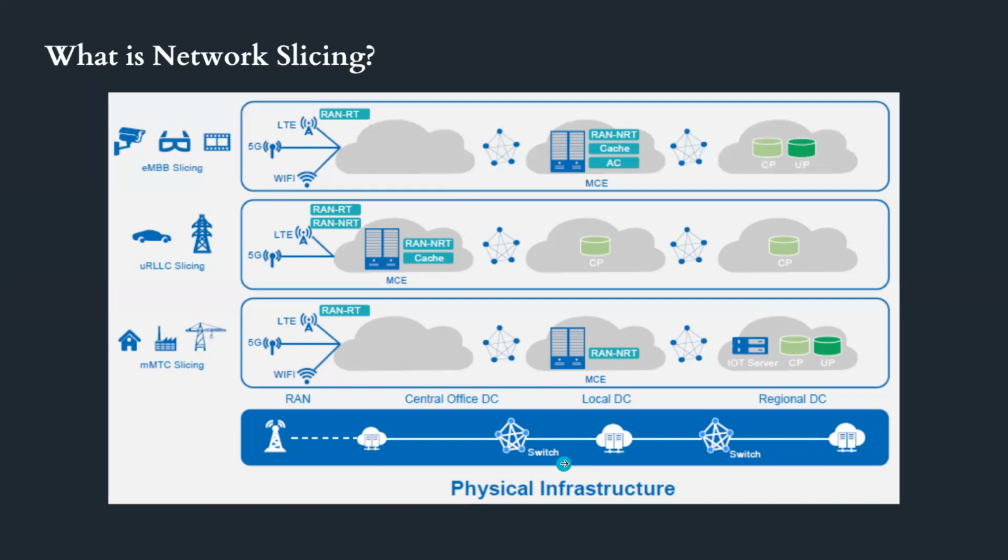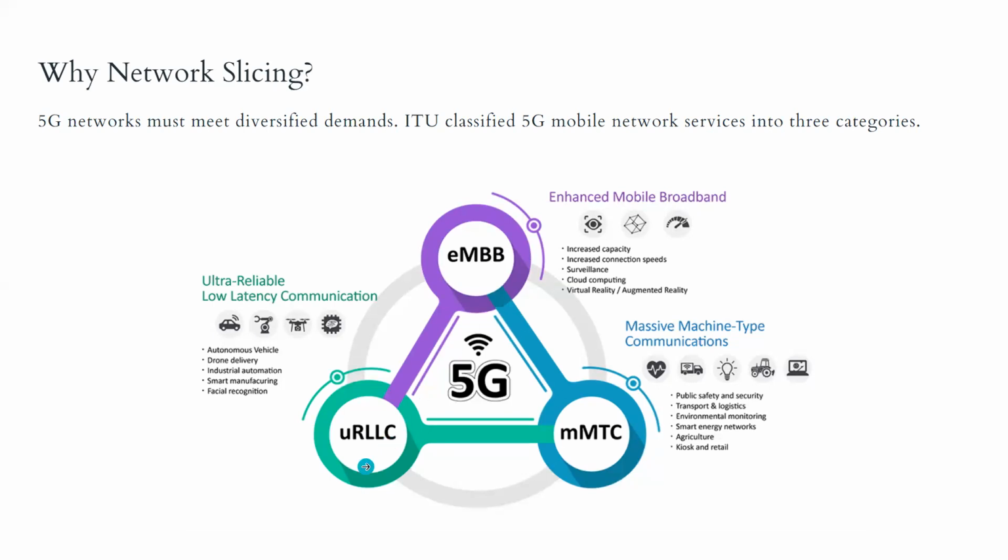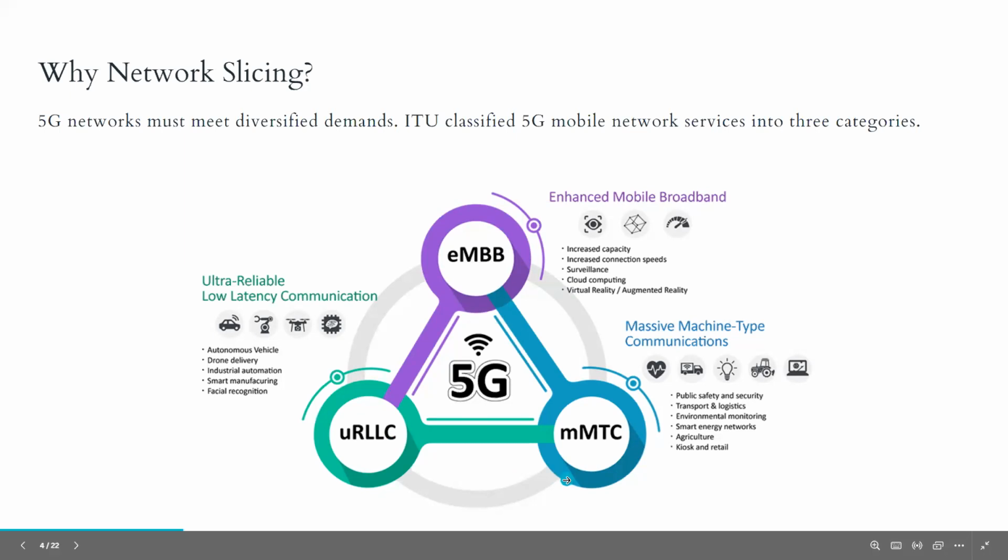It doesn't change, which means the hardware used for this network will not be changed, but the same infrastructure will be used for all three applications. So based on the requirement type, the slices have to be decided. The requirements here are basically eMBB, URLLC, and mMTC.